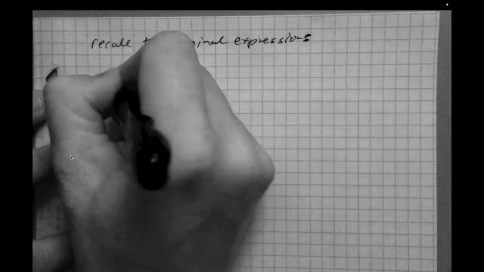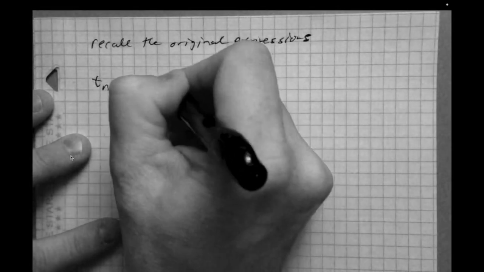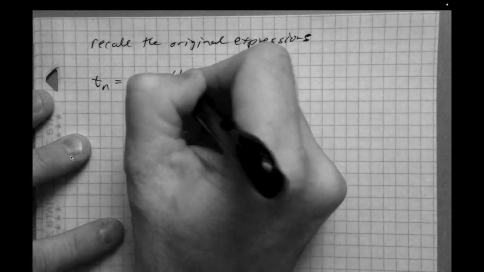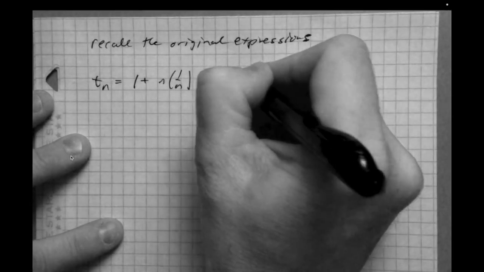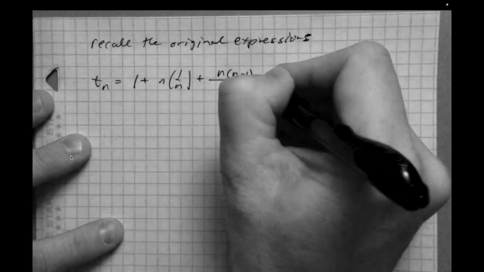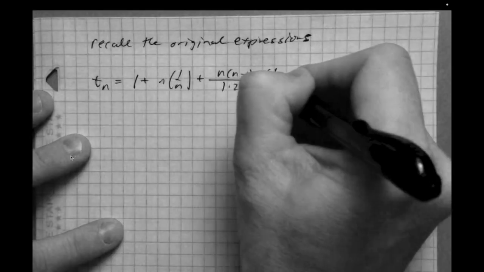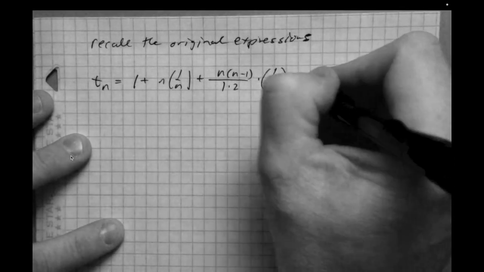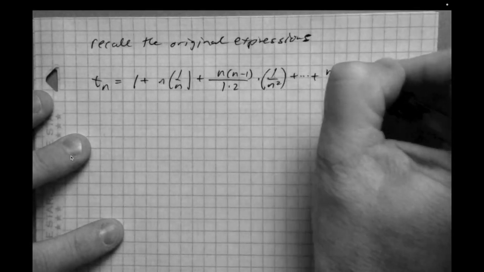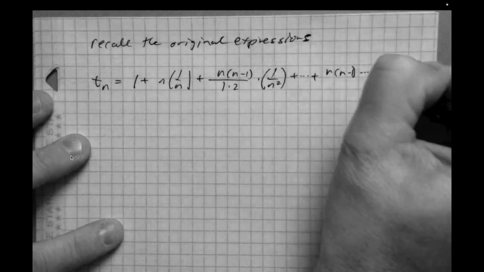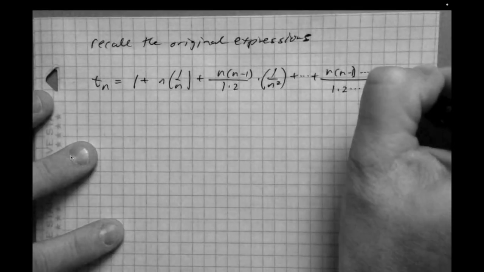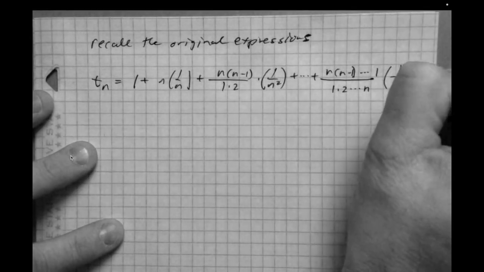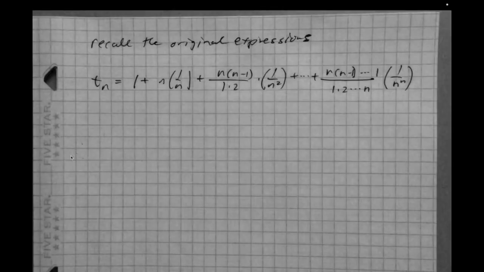It said t sub n is equal to 1 plus n times 1 over n plus n minus 1 over 1 times 2 times 1 over n squared, right? This is the binomial expansion, plus dot dot dot plus n times n minus 1 dot dot dot all the way to 1, and then 1 times 2 dot dot dot up to n, and this would be 1 over n to the n. Okay.